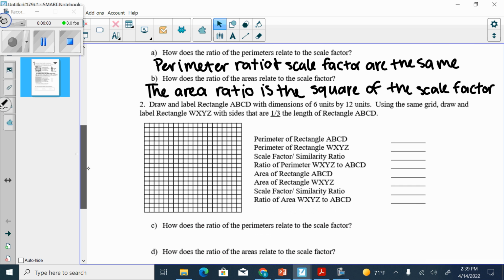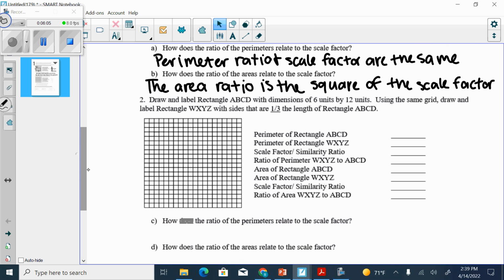Now we're going to look at one more example. This time it says to draw and label rectangle ABCD that has dimensions of 6 by 12. So I'm going to draw a 6 by 12 rectangle here. Alright.